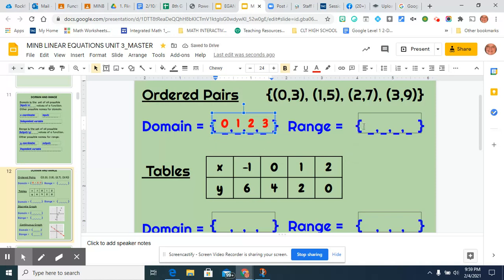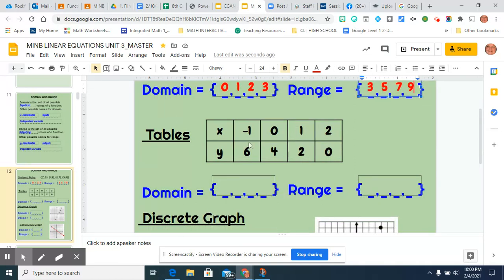We're going to find out later on, it's really important to distinguish between the two when determining if something is actually a function or not. So 0's counterpart here, 3 must go here, 5 must go here, 2's counterpart is 7, and 9. So from ordered pairs, the first part, domain, second part, range.